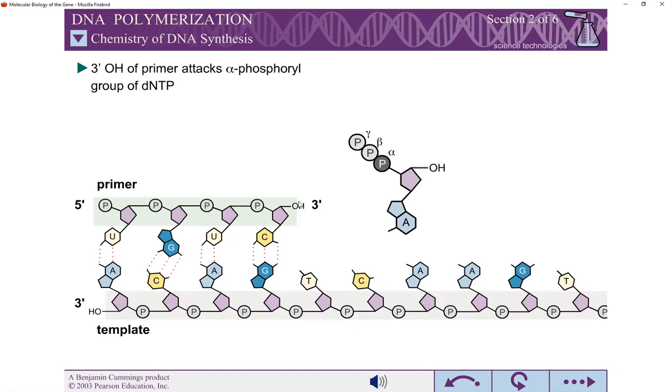The hydroxyl group at the 3' end of the sugar will lose its hydrogen and become an oxyanion, an oxygen that is negatively charged, and will make an attack on the innermost phosphate. The beta and gamma phosphate molecules will be broken off.